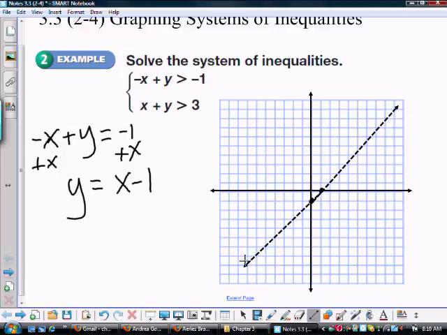And now I've got my negative x plus y is greater than negative 1. Let's see if I need to shade above or below. So I'm going to check 0, 0. So is 0 plus 0 greater than negative 1?